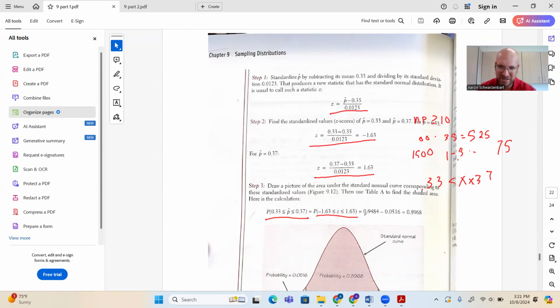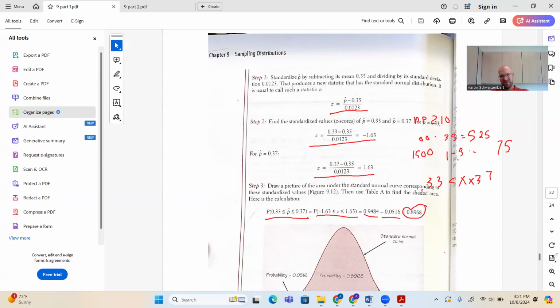I look up positive 1.63, I get 0.984. I look up negative 1.63, I get 0.0516, giving me 89.68%.